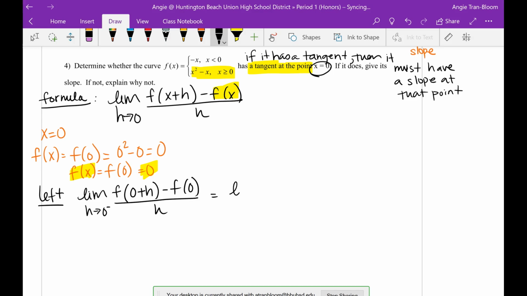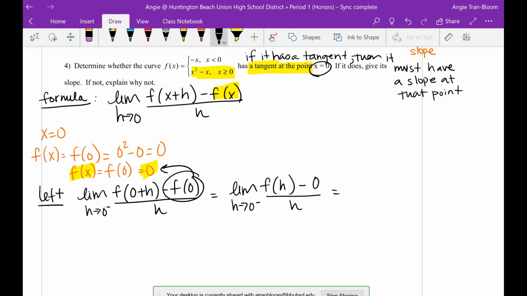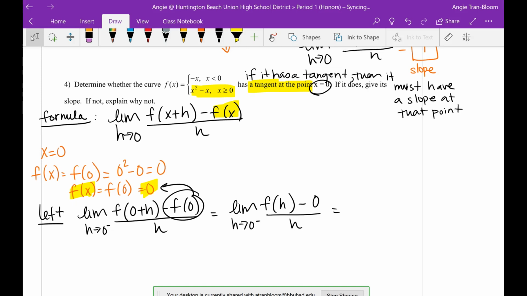Okay, well, this is limit as h approaches 0 from the left. F of 0 plus h is now just f of h, okay? Minus f of 0, it's always the same, which is 0, all over h. What on earth is f of h, right? Let's go find it. F of h, that means I'm going to substitute in h for every time I see an x. Well, which piece though?